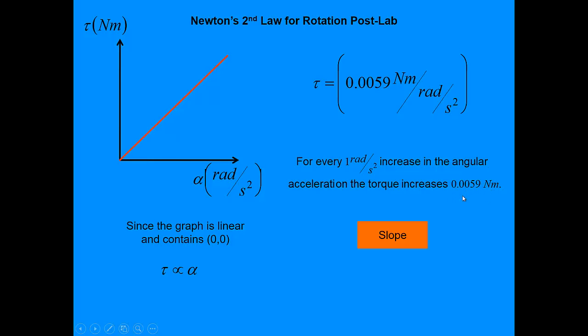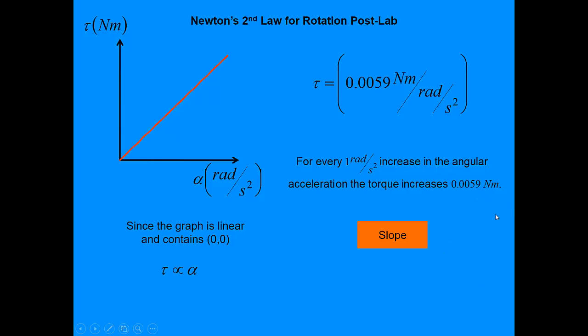Now, again, it's a small slope, but that's because we were talking about really small torques and actually fairly small angular accelerations as well. We're not talking about a lot of torque here when we're changing the hanging mass by 20 grams, and it's less than 2.5 centimeter radius up that big pulley.